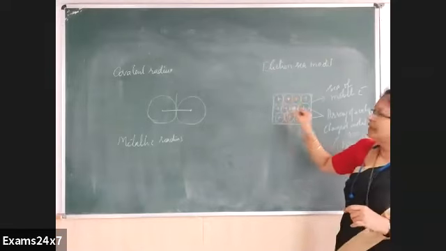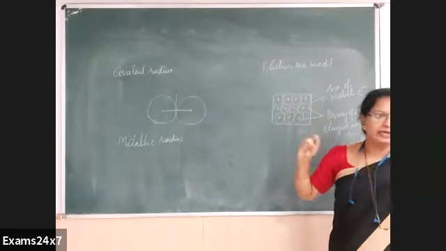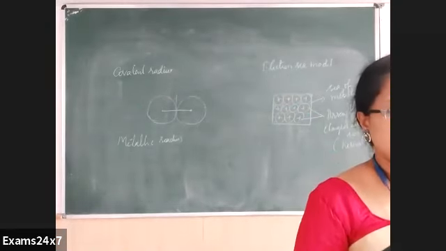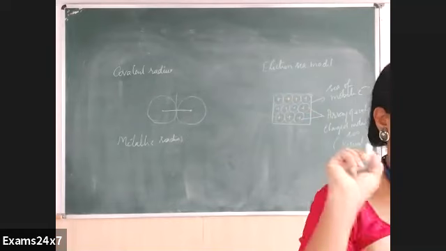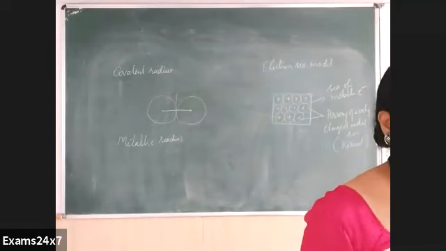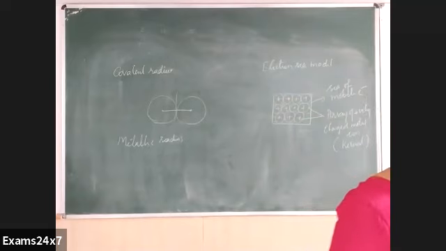This distance you have to make half. It is not metal atoms, it is metal ions in the metallic crystal. What is meant by metallic crystal? That is crystal lattice. You know what is crystal lattice? Arrangement of particles comes in crystal lattice. Understood? So metallic radius is half the internuclear distance of two metal ions in the metallic crystal.